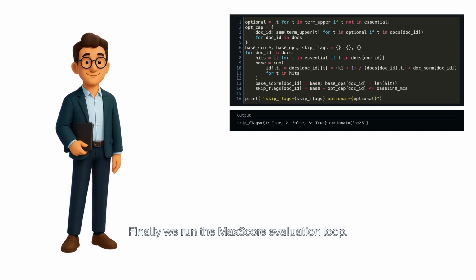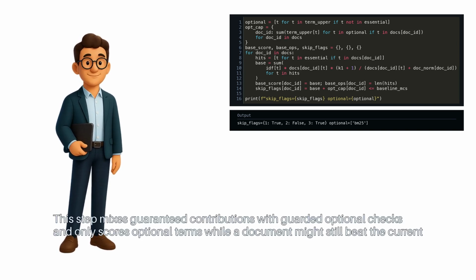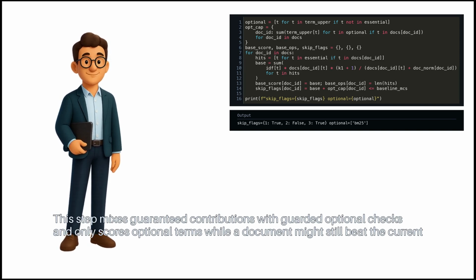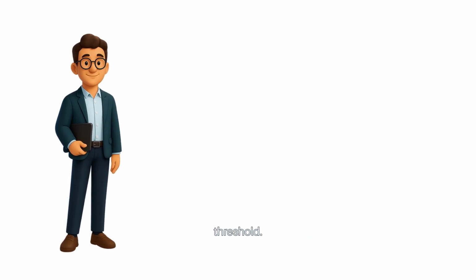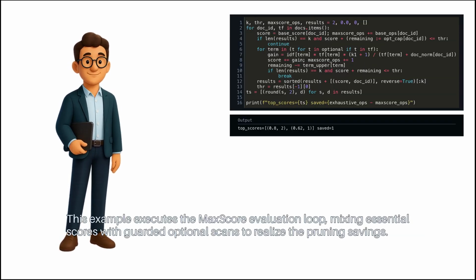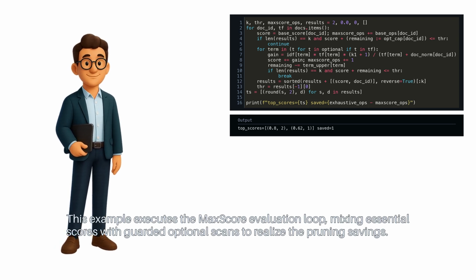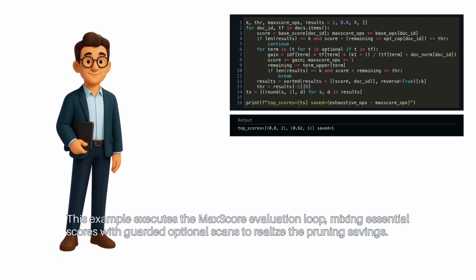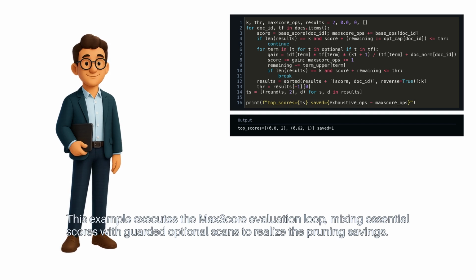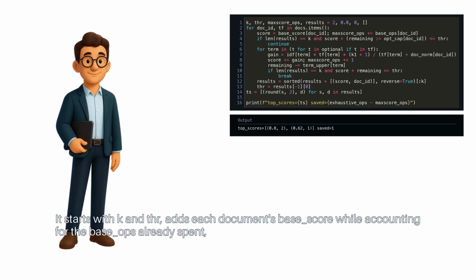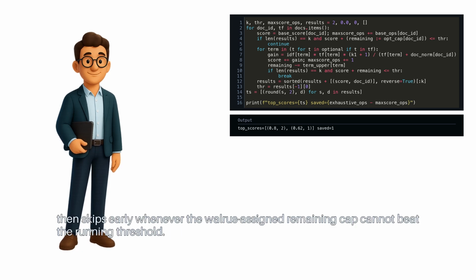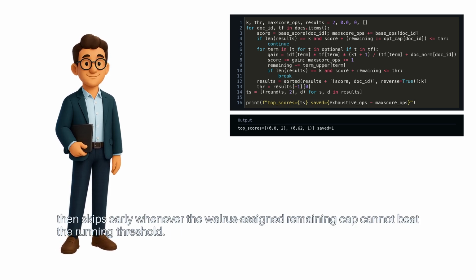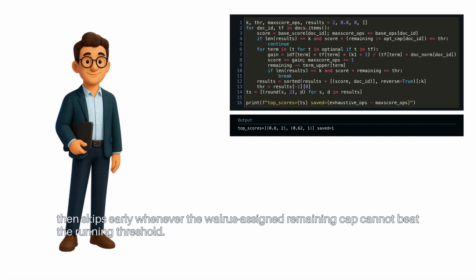Finally, we run the MaxScore evaluation loop. This step mixes guaranteed contributions with guarded optional checks and only scores optional terms while a document might still beat the current threshold. This example executes the MaxScore evaluation loop, mixing essential scores with guarded optional scans to realize the pruning savings. It starts with K and THR, adds each document's base score while accounting for the base ops already spent, then skips early whenever the walrus-assigned remaining cap cannot beat the running threshold.